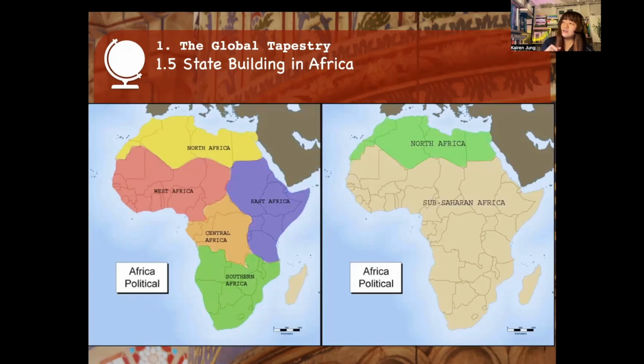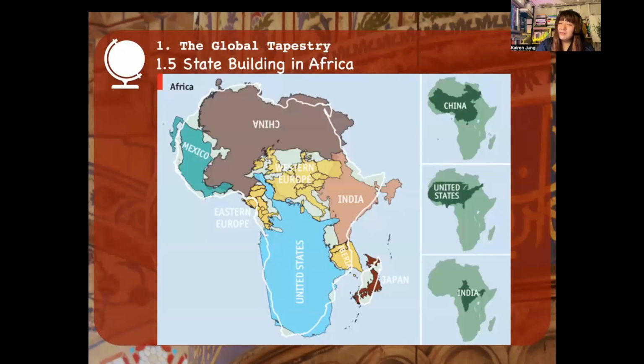Why is the Sahara Desert so important? Because it's very difficult to traverse, right? And so it essentially is a prime example of how the environment directly shapes civilizations developing. It's probably a meme at this point that some people who don't know any better refer to Africa as a single country. It is not. Africa is a continent, as we know, and it is the largest continent in the world.